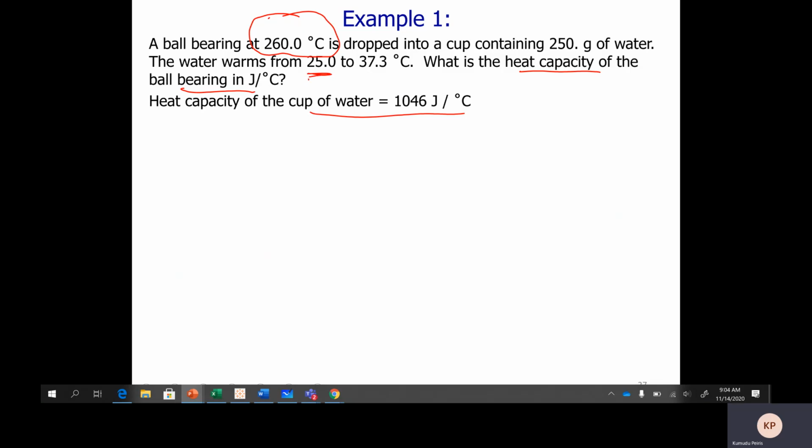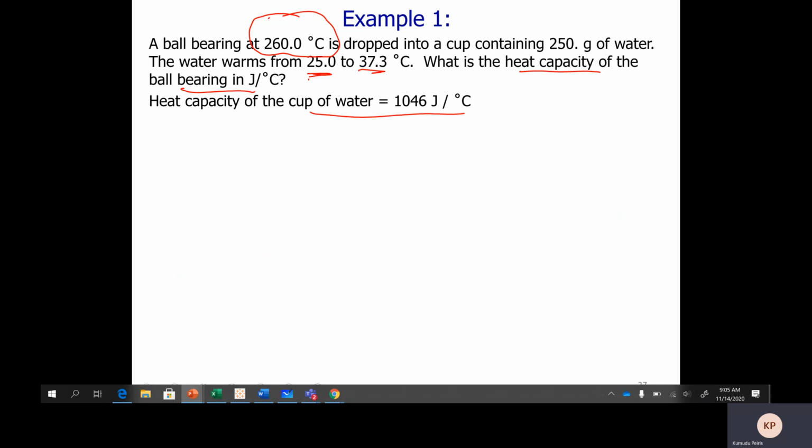Yes, it is 25.0. And the temperature of the water has warmed up, and the final temperature was recorded in the water as 37.3 degrees Celsius. So what is the final temperature of the ball?